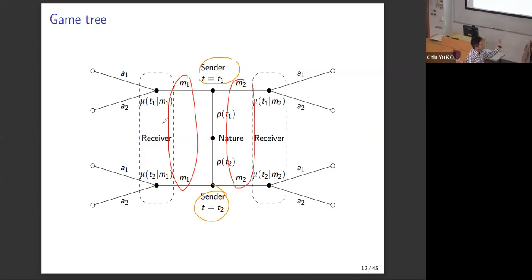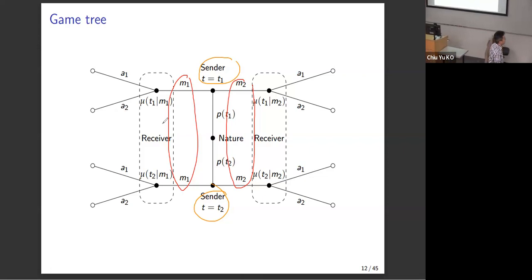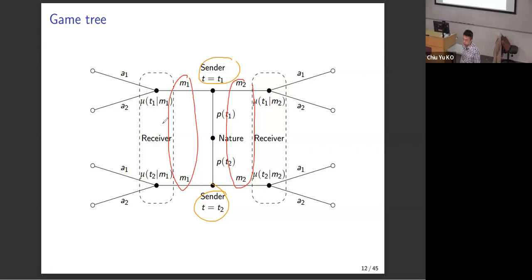The receiver knows whether he's on the left game or the right game, but he doesn't know whether upper or lower. Given this, the receiver can choose A1 or A2. Here we assume that the action is independent of the message, A1, A2.